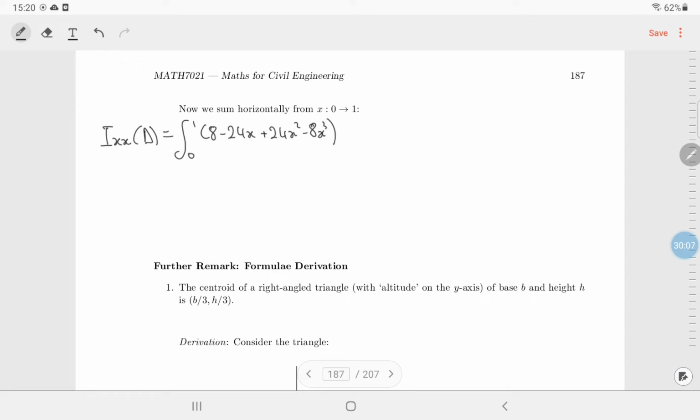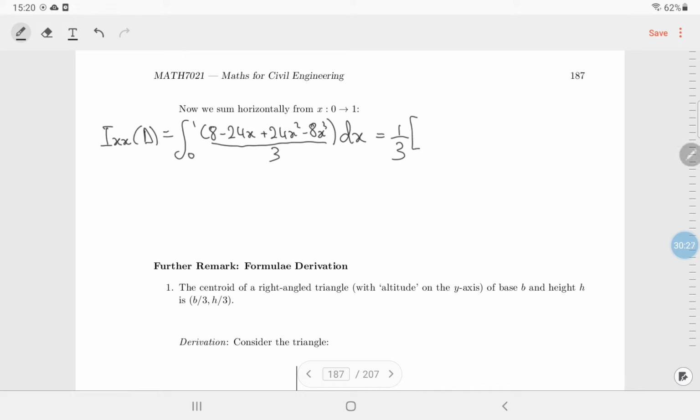So that's (2 minus 2x) cubed, all divided by 3, which is no problem because that's just a constant 1/3, dx. So we'll take out the constant 1/3, we'll fix that, and now let's anti-differentiate the 8 minus 24x plus 24x squared minus 8x cubed term by term.